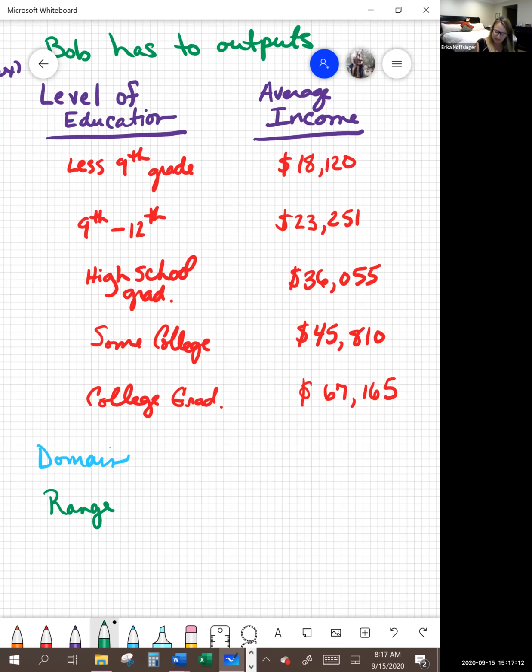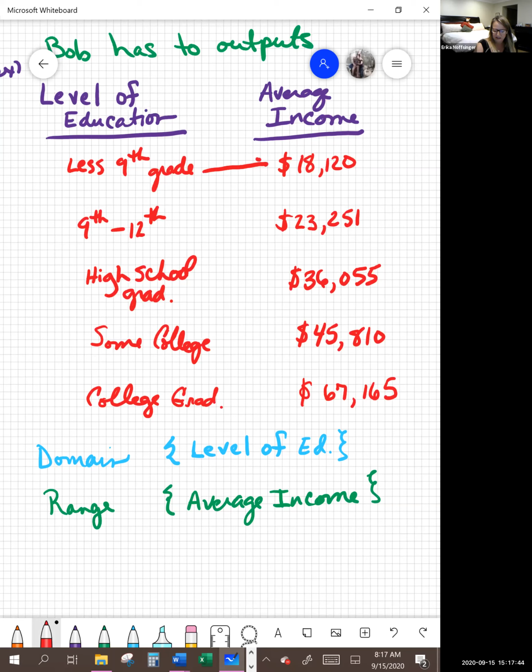And so our domain is going to be the level of education. And the range is the average income. Notice that every input is giving us just one output back.